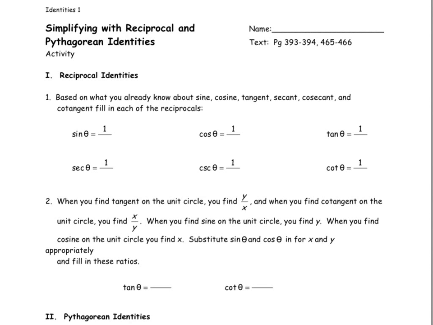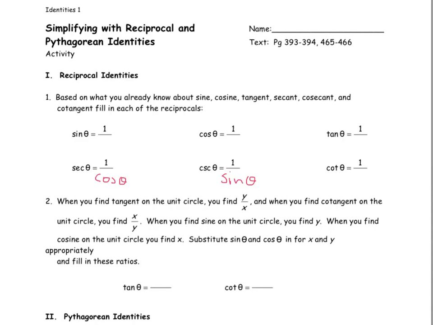Alright, let's start with cosecant, and maybe that'll be easier. Cosecant is going to be 1 over the sine of theta. And then secant is going to be 1 over the cosine of theta.